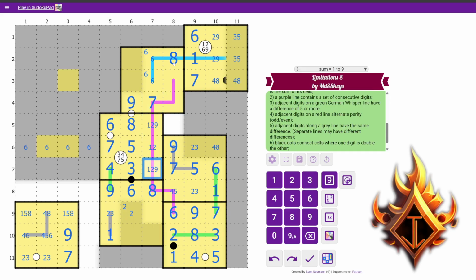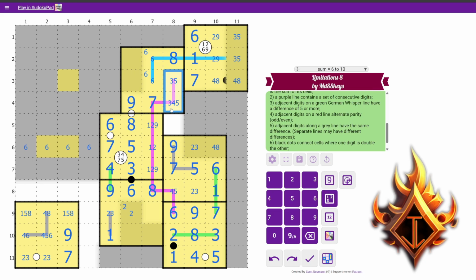1, 2, 9. We need a 3 up here. With a 5 there, or a 4, 5 there. 3, 4, 5. 1, 2, 3, 4, 5, 6, 7, 8, 9.